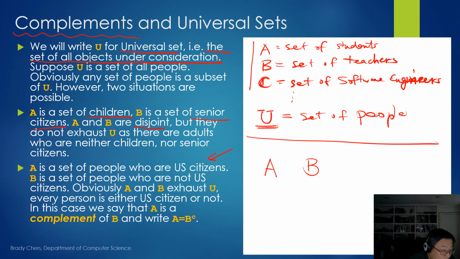So all the people in A plus all the people in B make up the whole universal set. In this case, we say A is a complement of B. We can write this as A equals B to the C, where C means complement. And B is also a complement of A because they exclude each other, but combined, these two groups make the whole universal set.